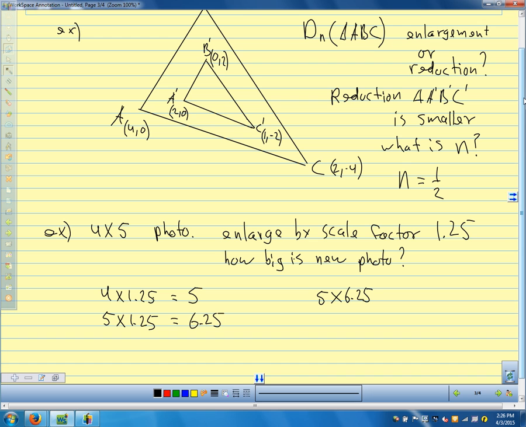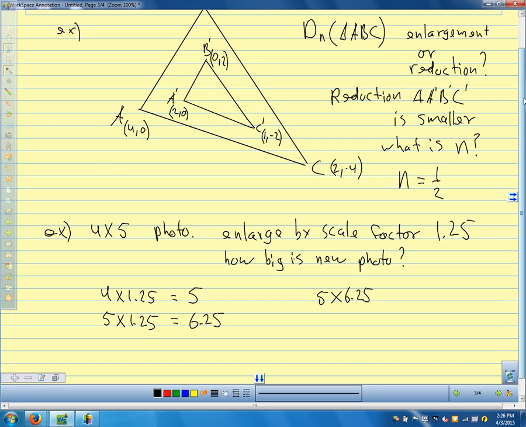So then why did you say things like (0, 0)? When you're doing your homework problems, they'll say dilate this figure, and when they say that, they mean use the origin as the center of dilation. Or they'll say this figure is a dilation, and you're assuming that the center of dilation is (0, 0).